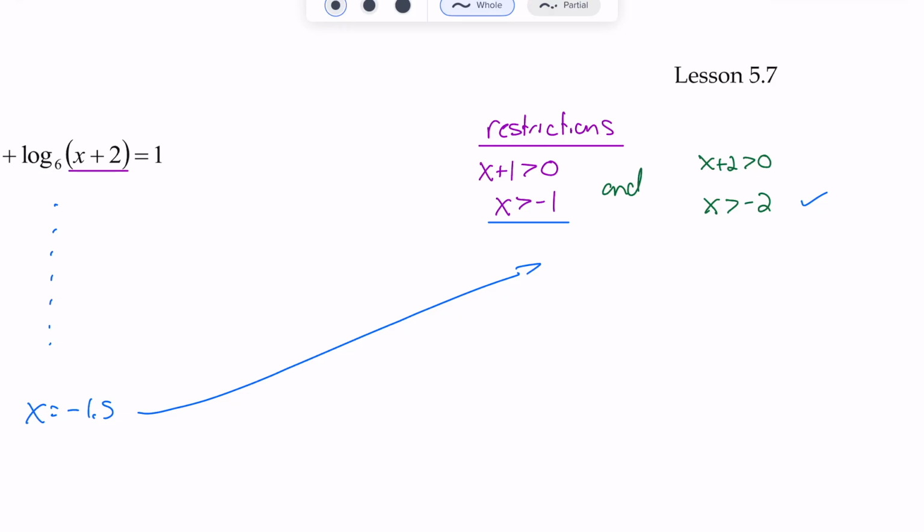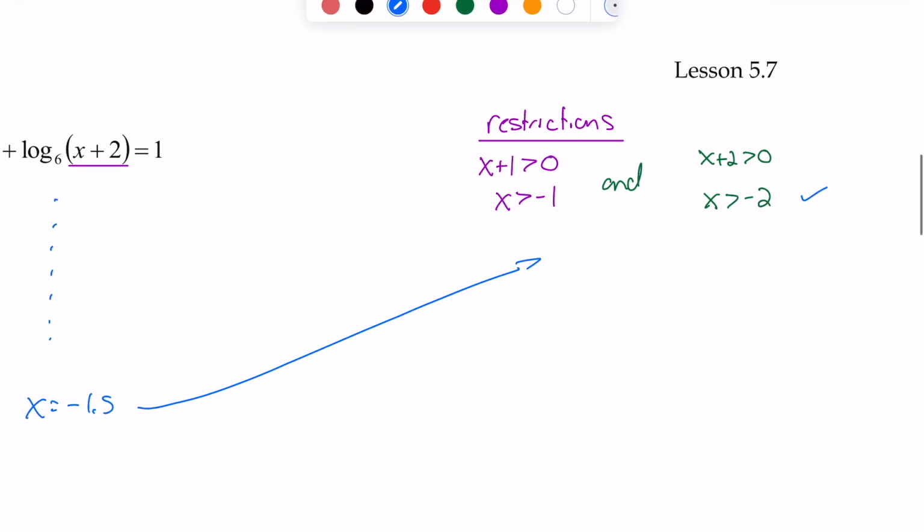And if we think about any number between these two constraints, let's put them on a number line to see. So if I have negative 2 here, and I have negative 1 here, I have one saying numbers need to be bigger than negative 1. This is your x plus 1 restriction. And then I have the second one saying numbers need to be bigger than negative 2.